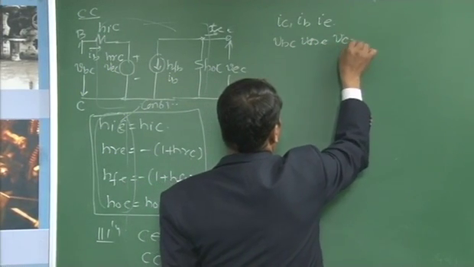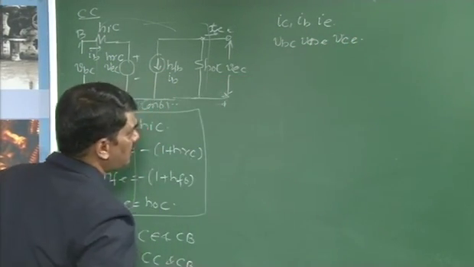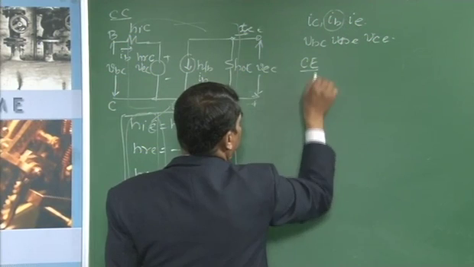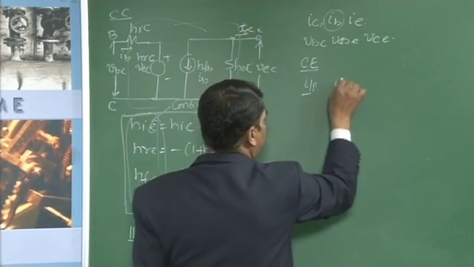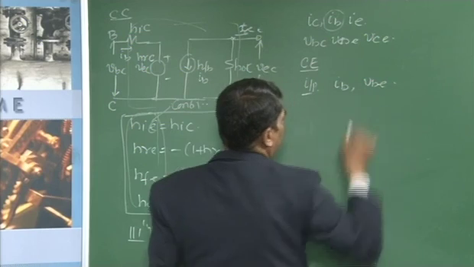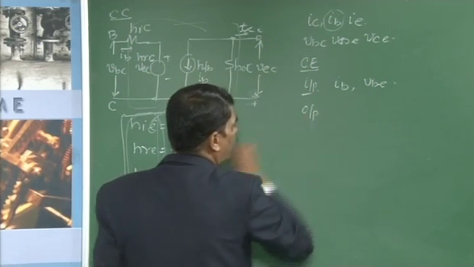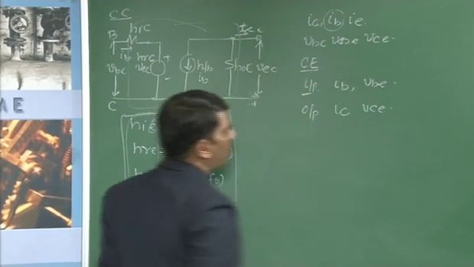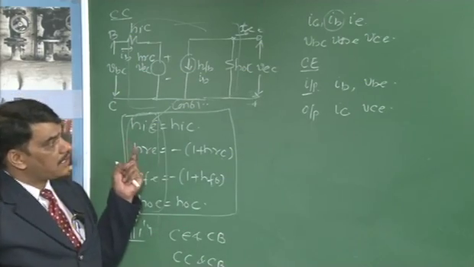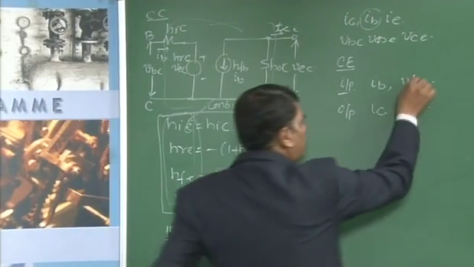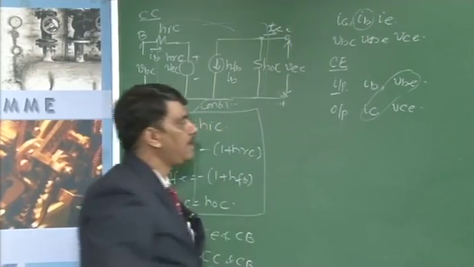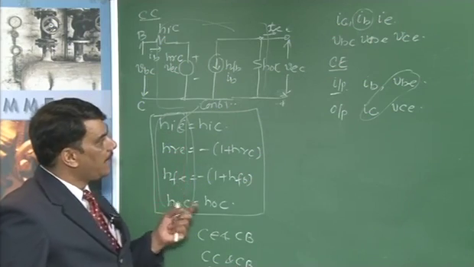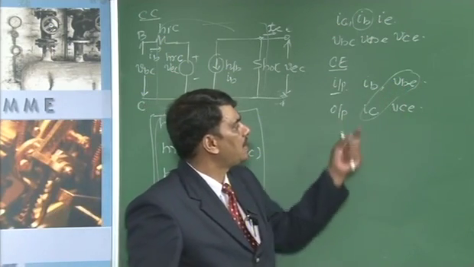For a common emitter amplifier, IB is the input current and VB is the input voltage, while the collector current is the output current and VC is the output voltage. These values are constant if and only if the junction parameters are constant. VBE and IC determine this, meaning HIE, HRE, HFE, HOE depend on the junction voltage and junction currents.